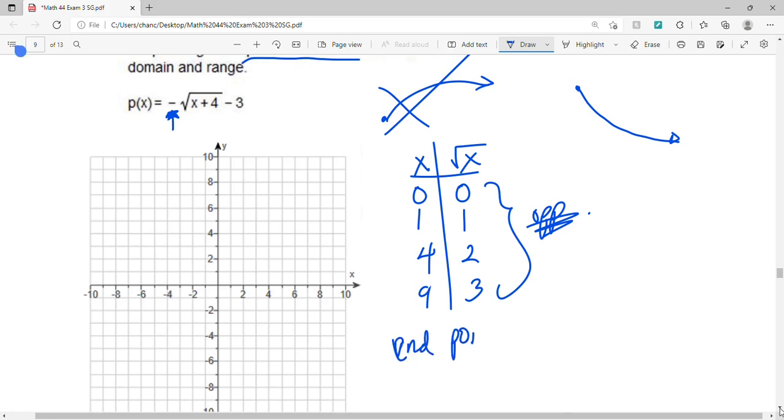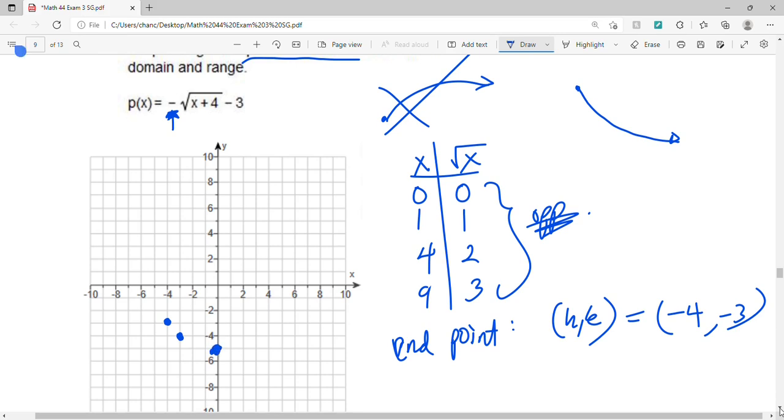The endpoint is h, k, and in this case, h, k is negative 4, negative 3. Let's plot the endpoint negative 4, negative 3 first. And then we'll go to the right one. Instead of up 1, it's down 1. To the right 4, down 2 instead of up 2.